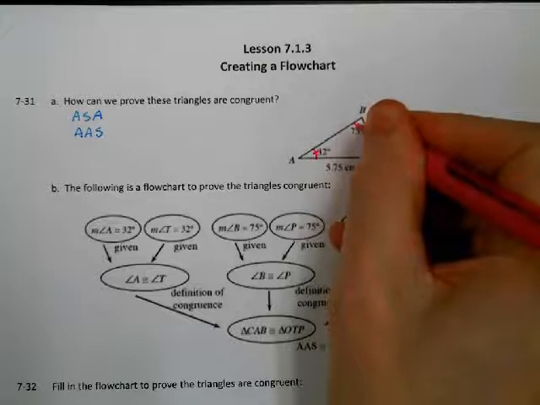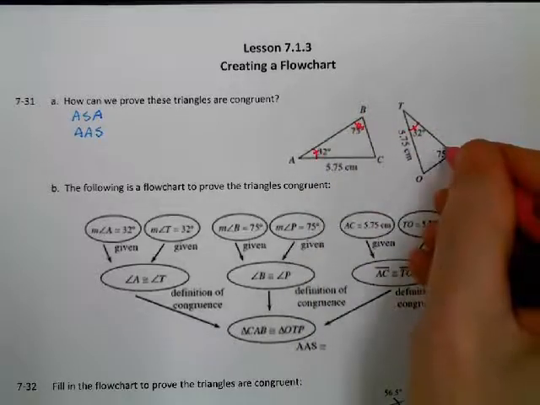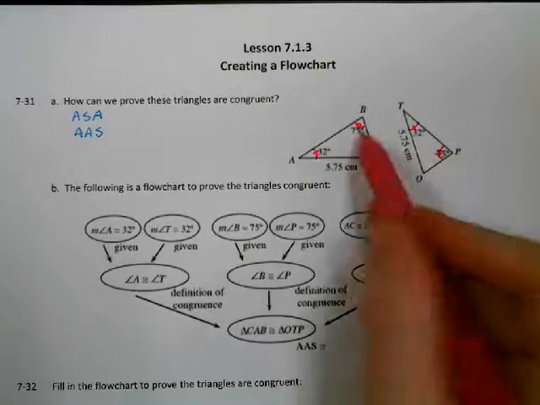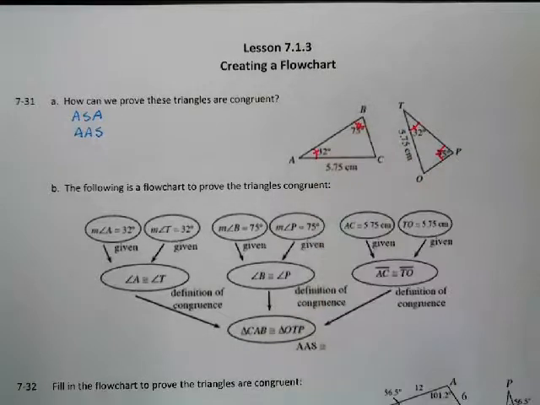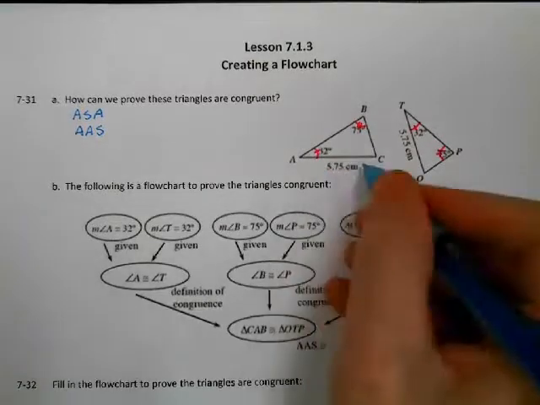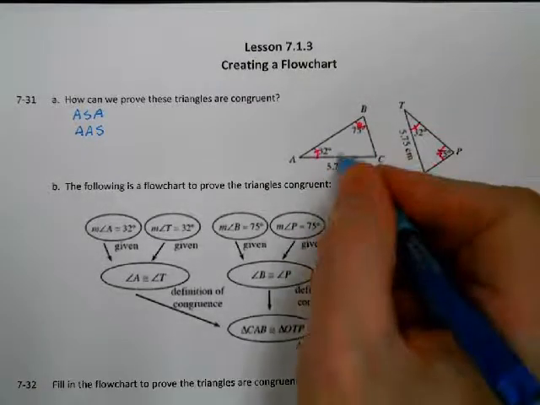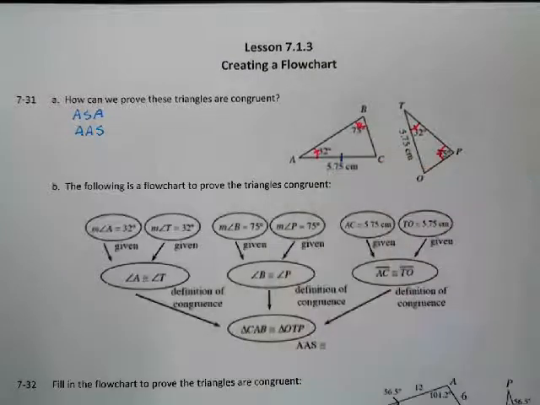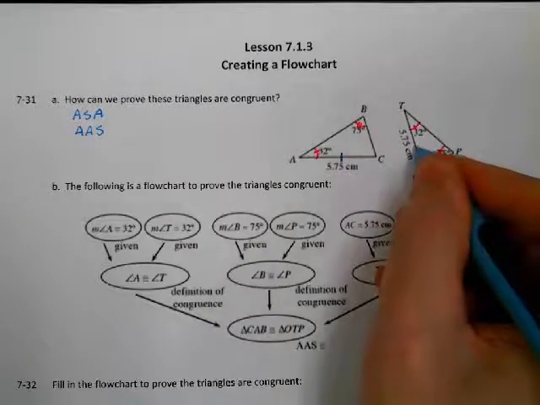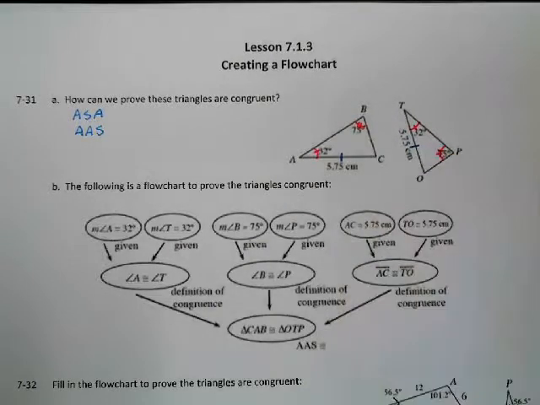And wouldn't you know it, here's another 75-degree angle. So those two angles are congruent. So now I have two angles. Now looking at the sides, side AC has a length of 5.75, so I'll put a tick mark on there. And then over here, we got 5.75. Tick mark there.